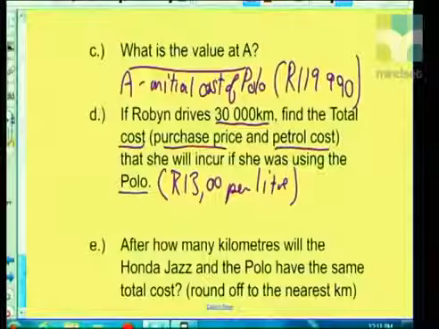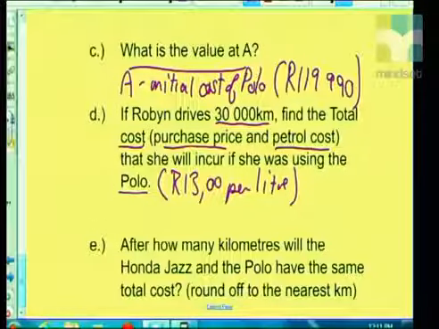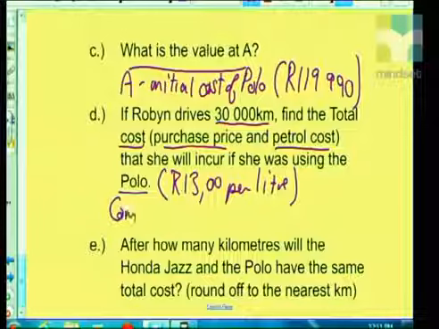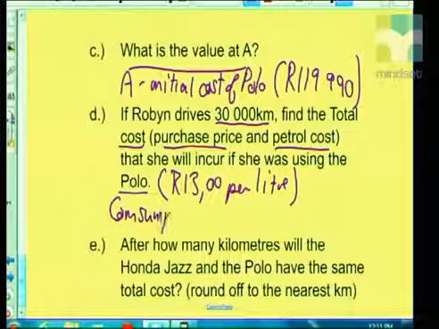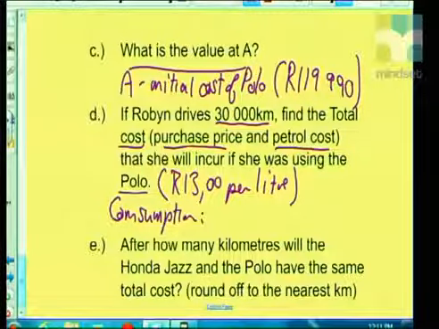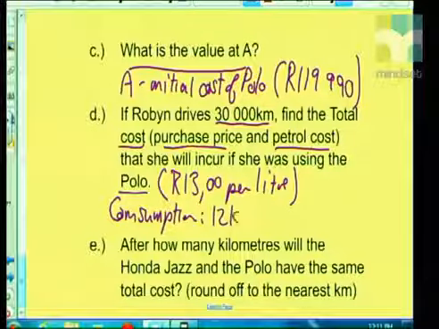So the consumption is 12 kilometers per litre. If I know that I'm going to travel 30,000 kilometers, I want to get to how many litres I'm going to use.